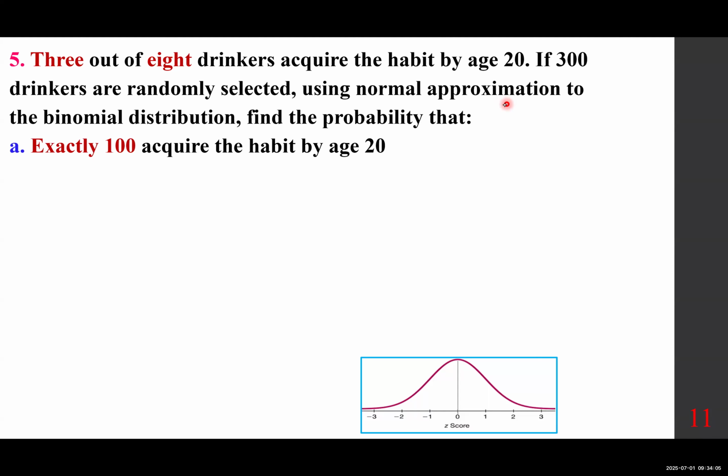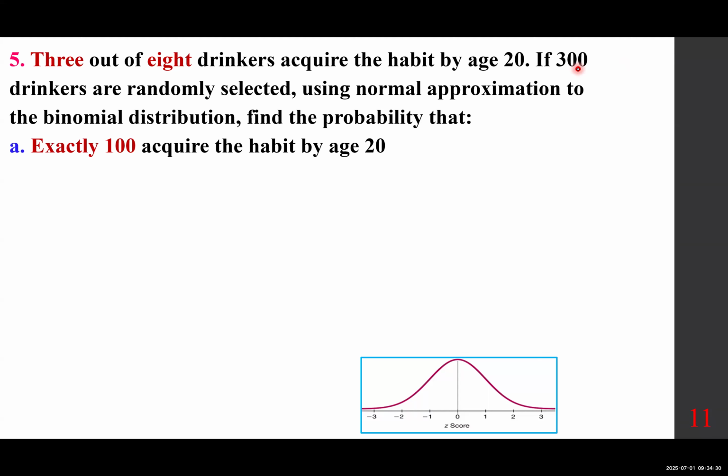So what are we dealing with? As we read this question, obviously they say use normal approximation to binomial distribution. This is a binomial distribution. So the moment you claim it's a binomial distribution, you have to know what's n, 300, and what is p, probability of success.